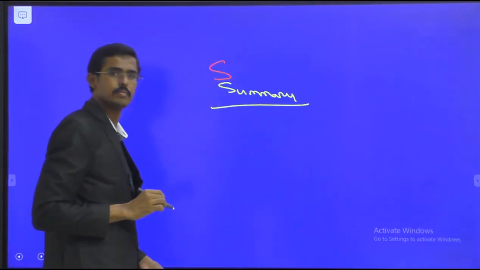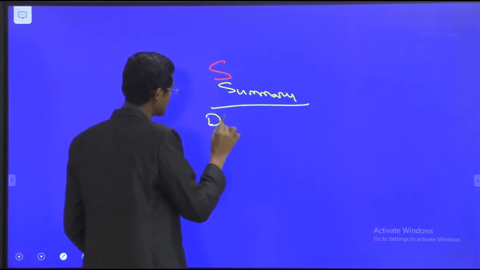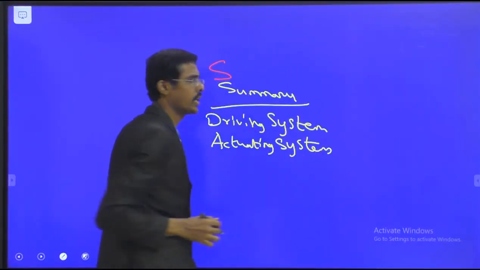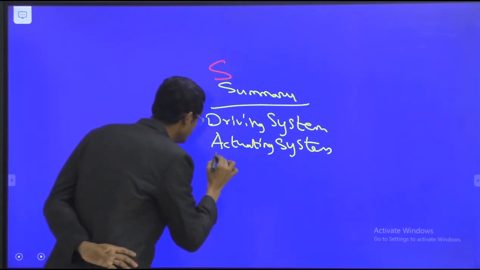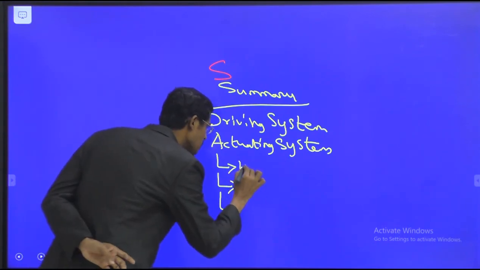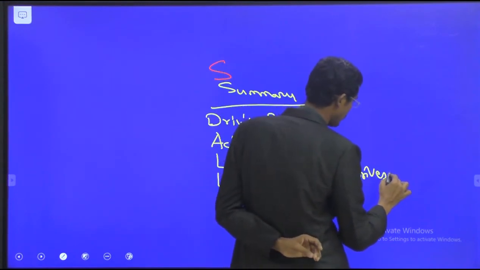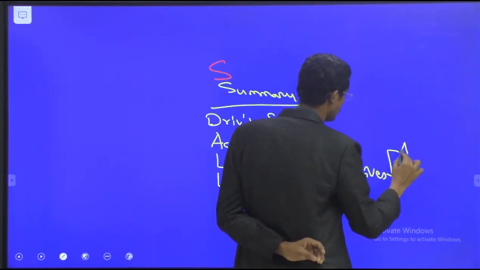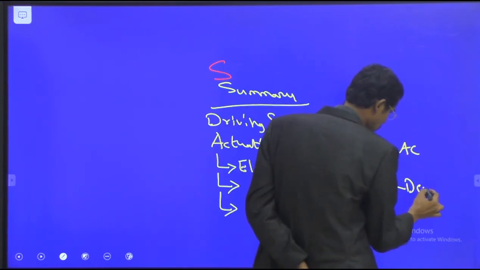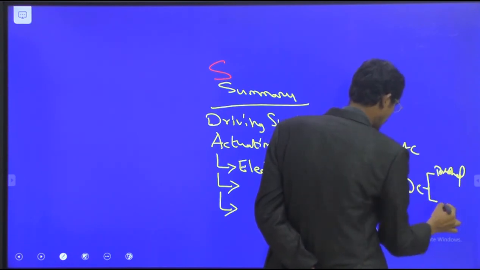In today's class, we have seen about the electronic or driving system. I am naming this an actuating system. In this actuating system, I have divided it into three categories: electrical drives, electronic drives, and here we have these two categories, AC and DC. We have seen about brushed and brushless.